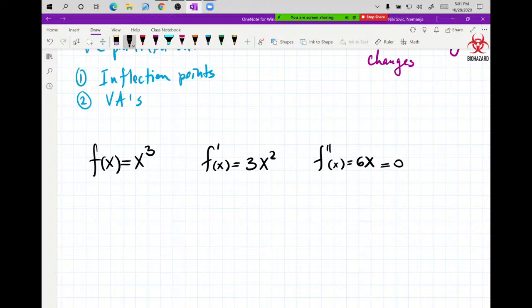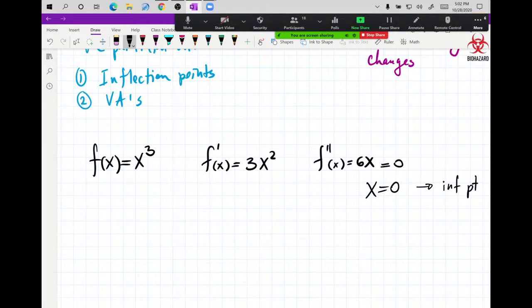So now, what we do is we take a look at the equation over here, and we get that x is equal to 0, which gives us our inflection point.